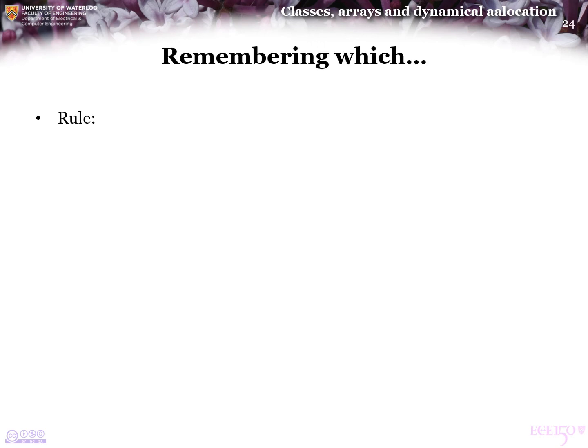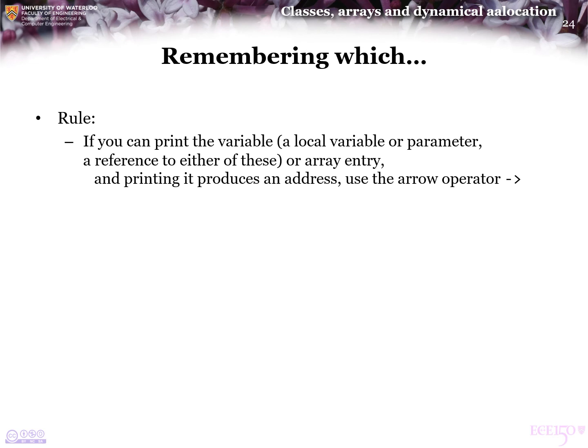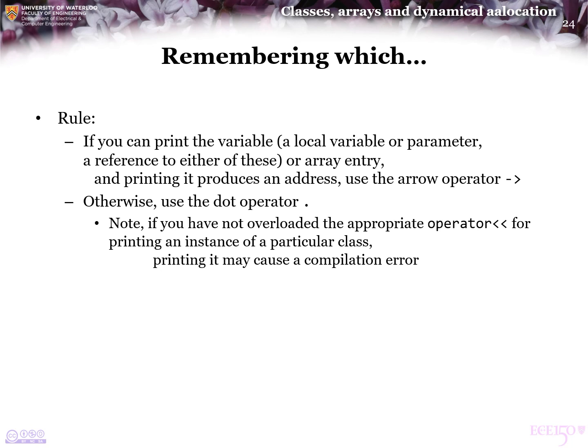So here's a general rule. If you can print the variable, be it a local variable, a parameter, or a reference to either of these, or an array entry, and printing it produces an address, then use the arrow operator. Otherwise, use the dot operator. Now, it's important to note, if you have not correctly overloaded the appropriate left shift operator for printing an instance of a particular class, printing it may actually cause a compilation error.